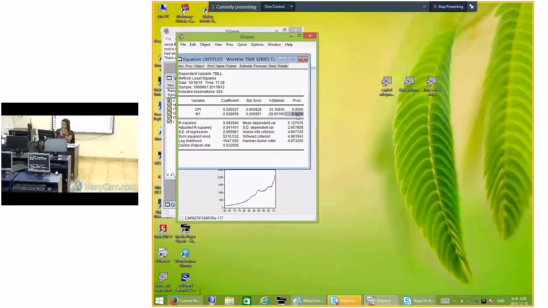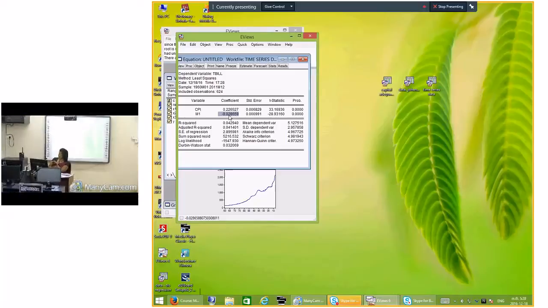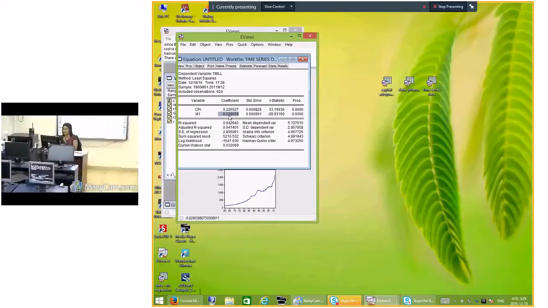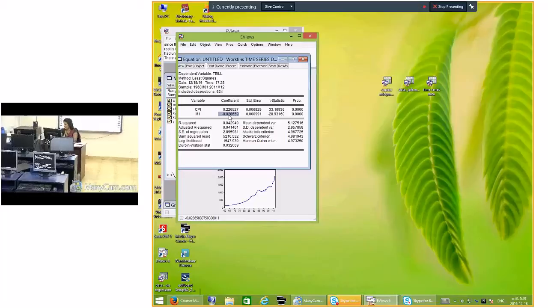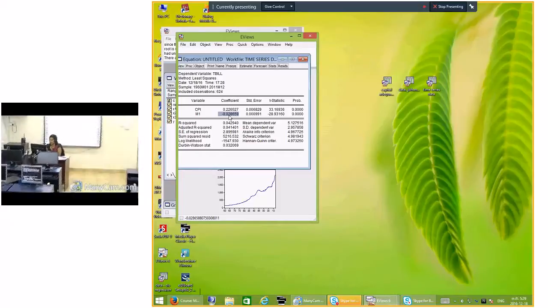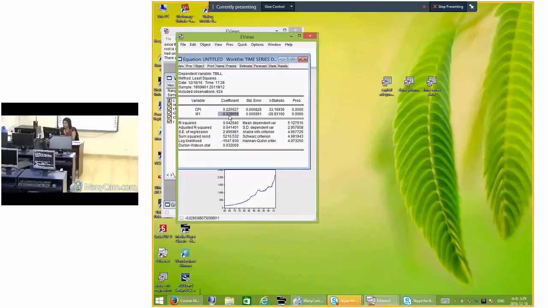The reason is, for M1 money supply, the higher the money supply, the lower the treasury bills. Right, the higher the inflation, the higher the treasury bills. So those are not realistic based on the theory.